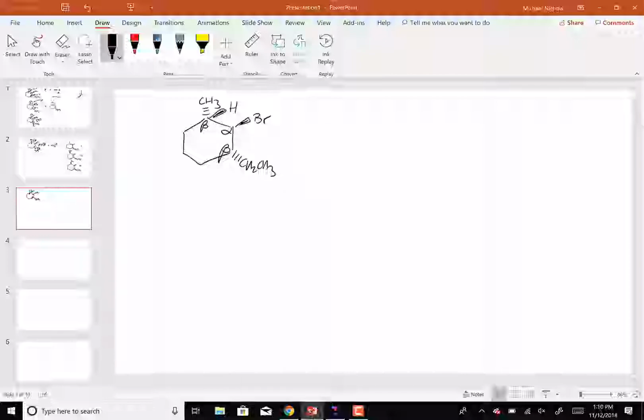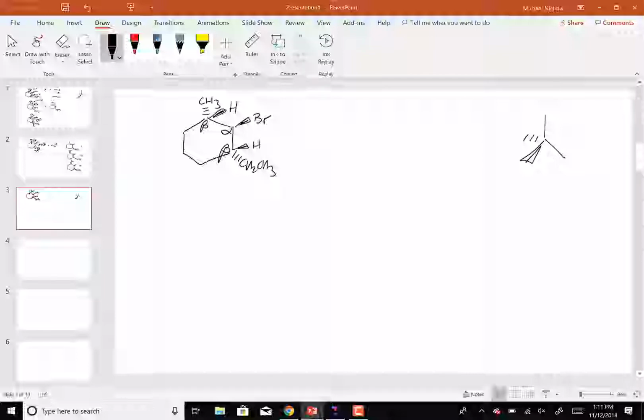Now, why? Our tetrahedron is set up so that we've got 2 in the plane, 1 bold and 1 dashed. So basically, it's whatever's missing from that cyclohexane ring. So those 2 hydrogens have to go in.